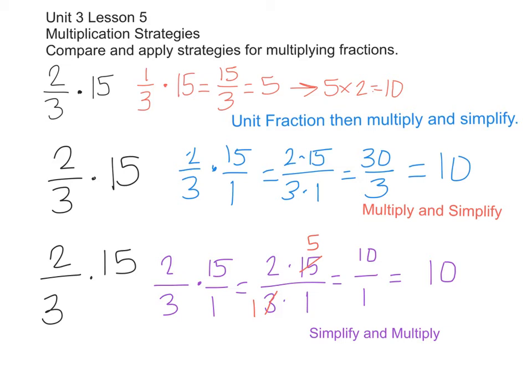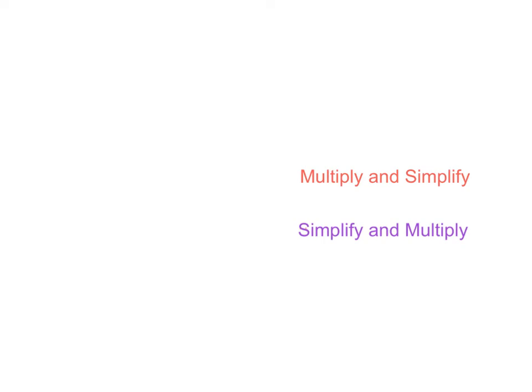So let's see this multiply and simplify with one that doesn't have a whole number. So you have 3/10 times 5/12. The way I want you to do this first is I want us to solve doing the multiply and simplify. So really, what this is saying here is we're going to go 3 times 5 over 10 times 12.